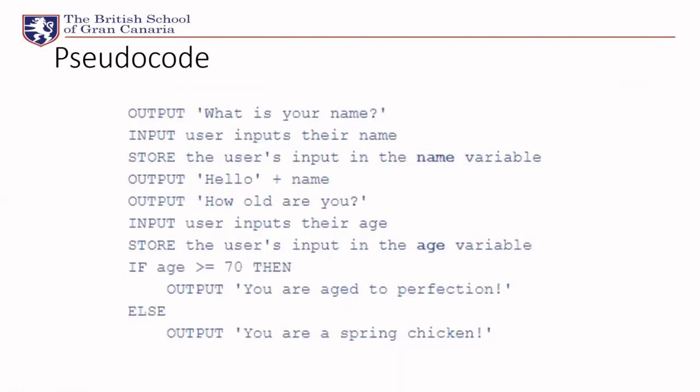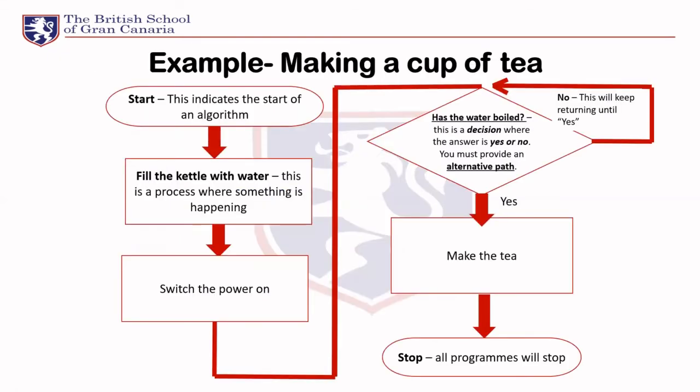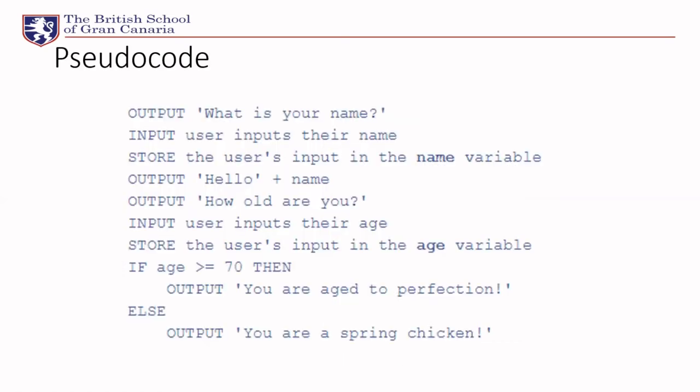Okay, so now the next thing is pseudocode. We can represent algorithms using either a flowchart or something called pseudocode. Now, don't be scared by this word pseudocode, because all pseudocode is, is a plan of what is going to happen.